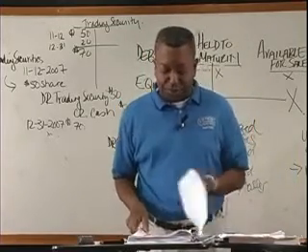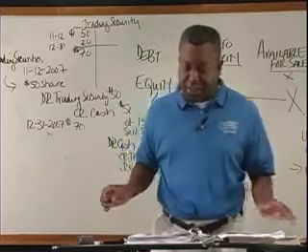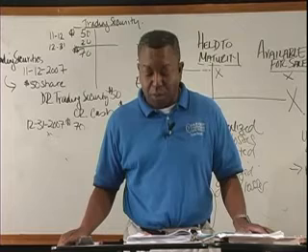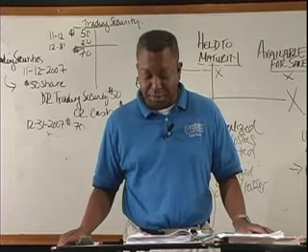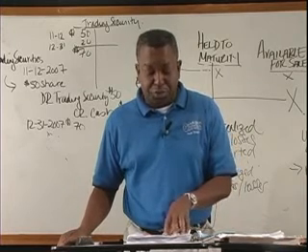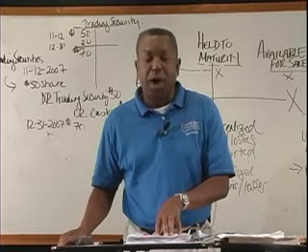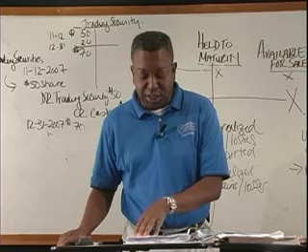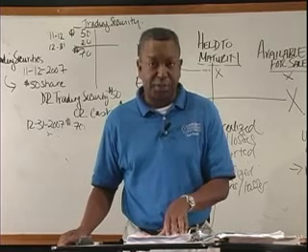Flip the page. Let's go on to 569. Debt securities reported at fair value require special accounting treatment. The securities are to be carried at market value, while interest and amortization are to be calculated using the effective interest method.